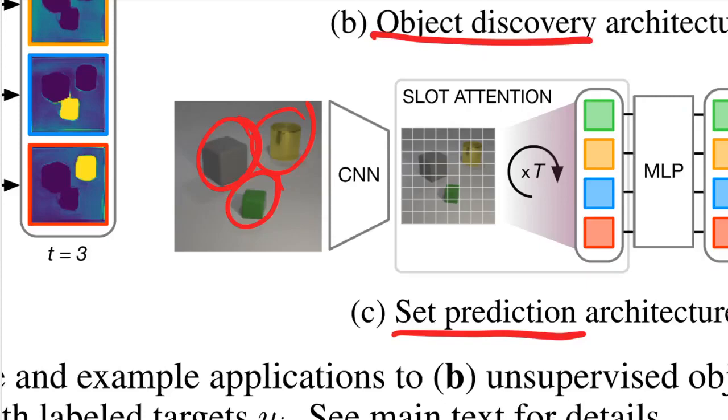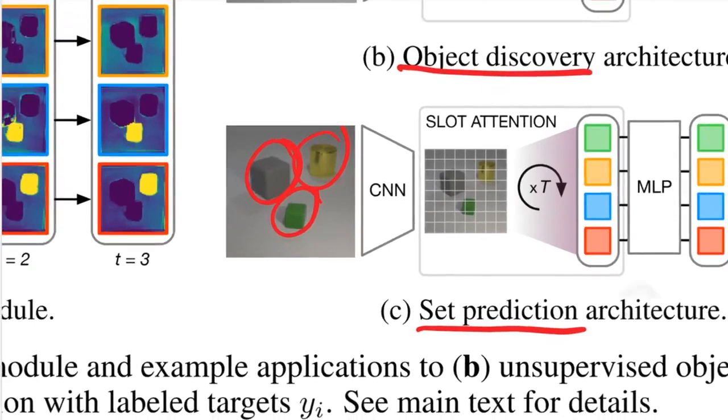I believe in this case it's with coordinates, but you can do it without. The difficulty here, of course, being that these are sets, so there is no natural order in it. So if you say there is a green cube and a yellow cylinder, it's going to be the same as there is a yellow cylinder and a green cube. So you'll have to build an architecture that is somehow invariant with respect to the labels.